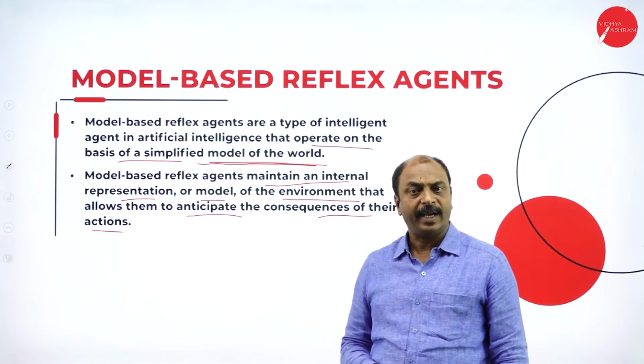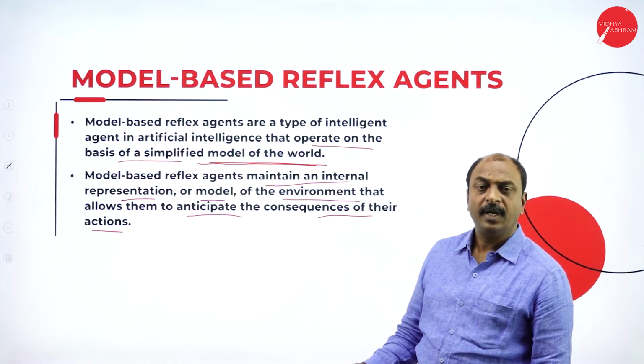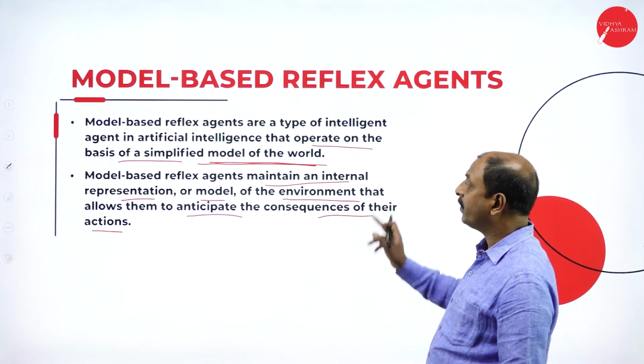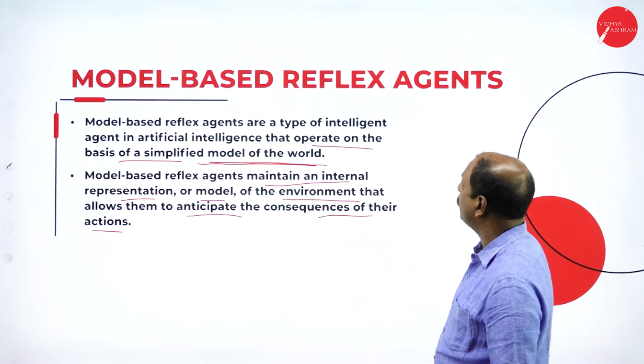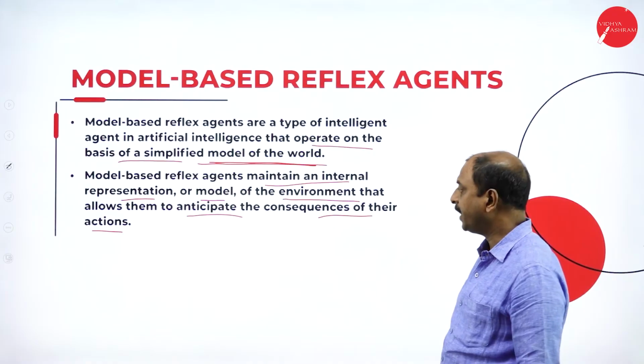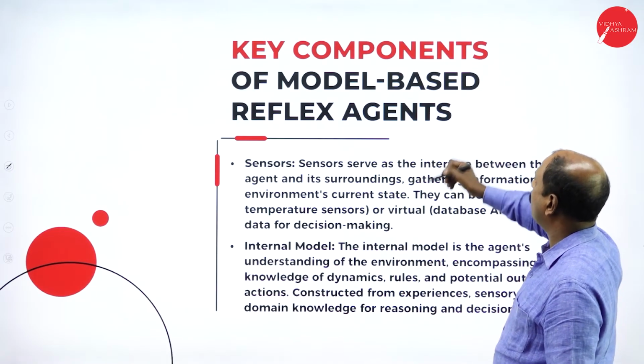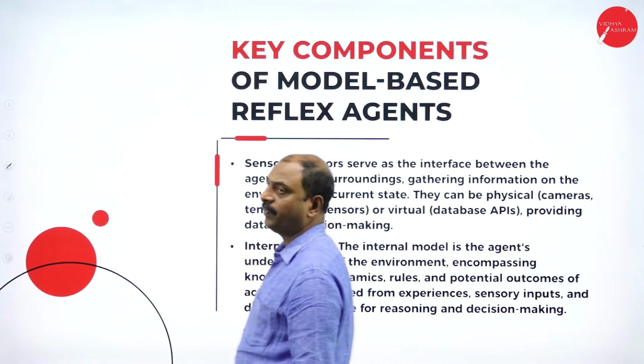And it will have different types of models and different types of input based on different types of environment. That is the concept of model based reflex agent. Now let us see in the next slide what are the key components of model based reflex agent.